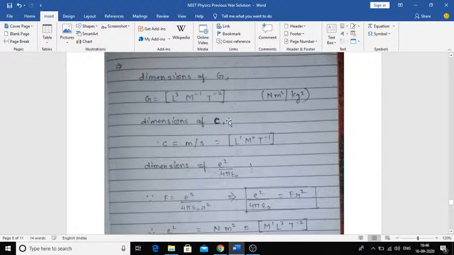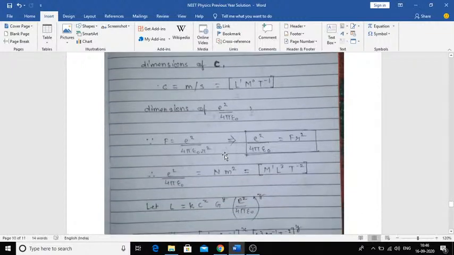So you don't have to learn it by heart. You also know the unit of c, that is the velocity of light, which is meter per second. From there you can find the dimension of c also. The difficult part, where you have to struggle, is this e square upon 4 pi epsilon naught.